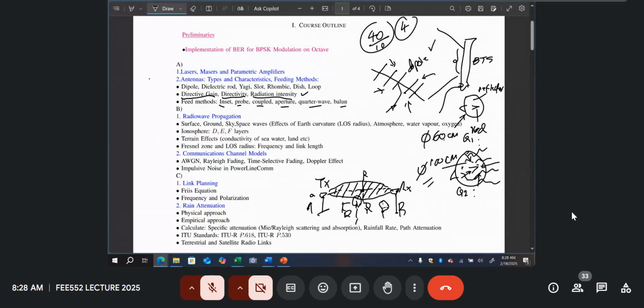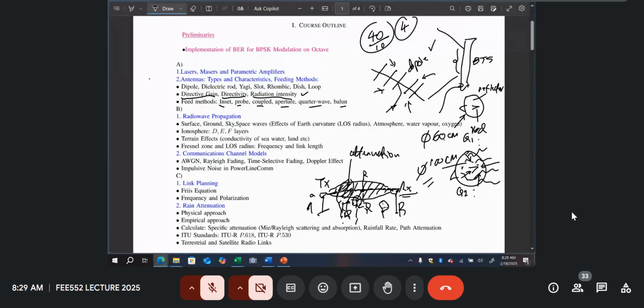The Fresnel zone will help you determine how far from this tree the center of the Fresnel zone should be. Because if your path goes through a tree like that, then signal dispersion and attenuation will occur, and you may not receive sufficient threshold for your communication.